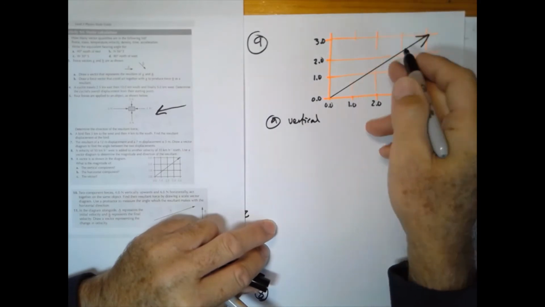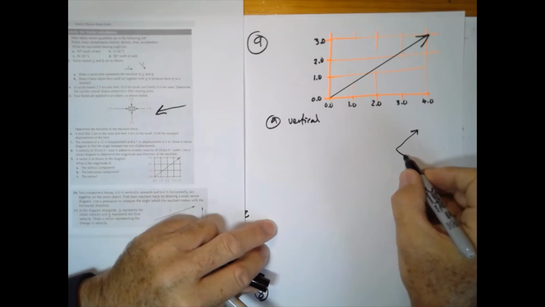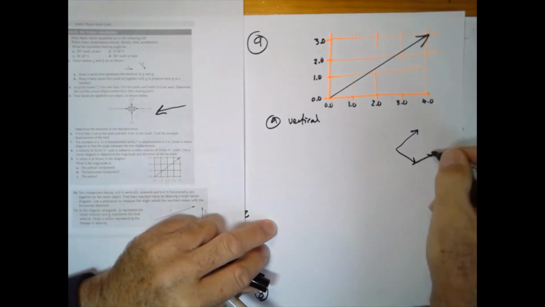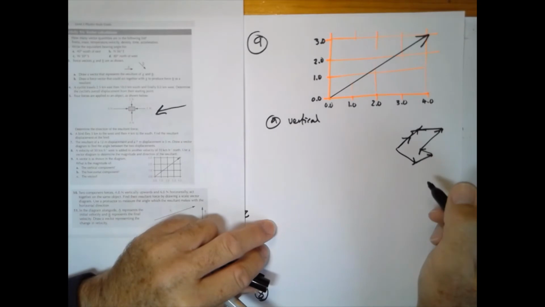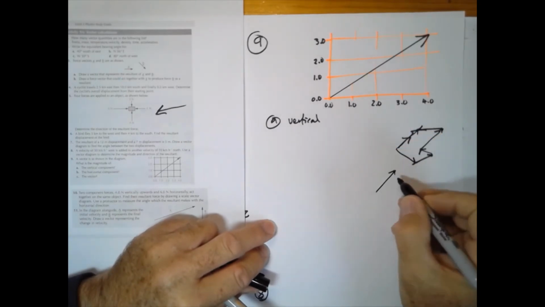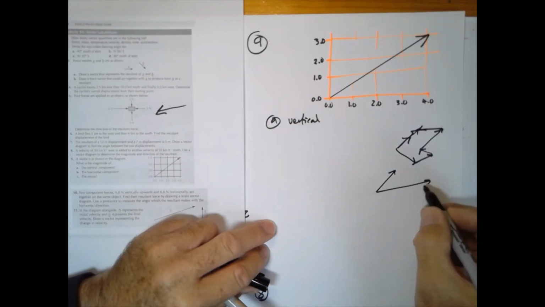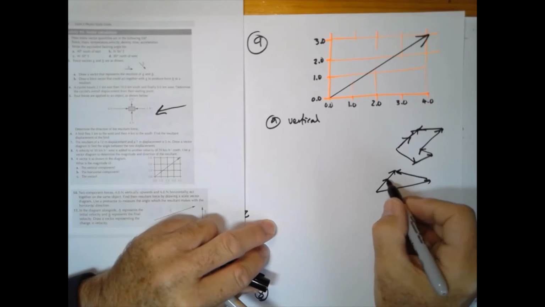So if we have a vector like this, we could say that's the resultant of this vector plus this vector plus this vector plus this vector plus this vector. Or we could say this vector is the resultant of this vector plus this vector. Two vectors to produce that resultant.